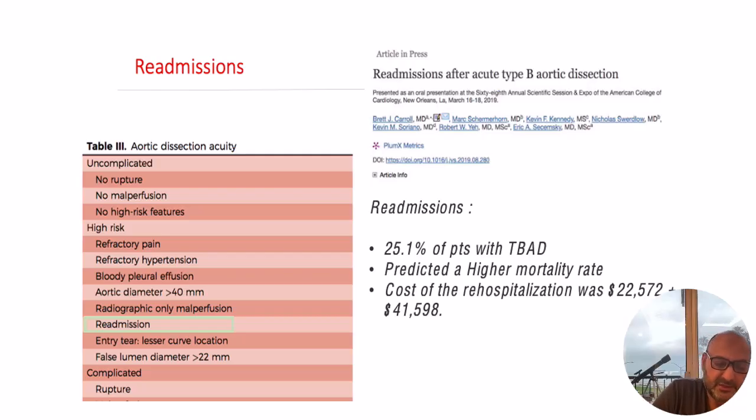But it's really contraindicated to use this medication if you don't use it with beta blockers. So if you use a nitroglycerin drip or nitroprusside drip, you must use beta blockers, and that could be IV metoprolol or any IV beta blocker, because nitroprusside and nitroglycerin are very potent vasodilators, and they will cause a reflex tachycardia or rebound tachycardia, and that will probably make the dissection worse.